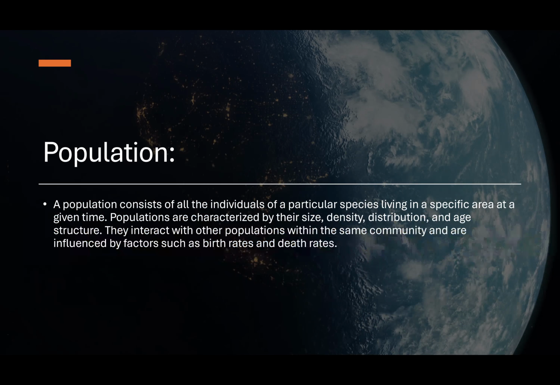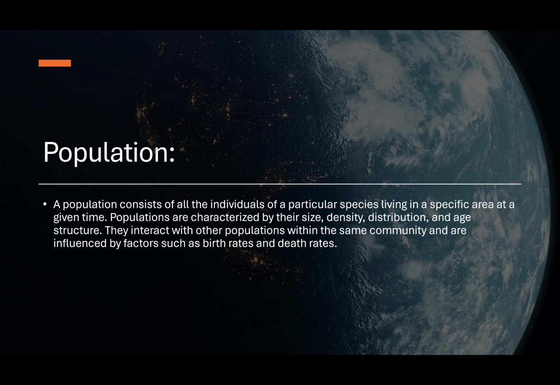All right. A population. We know that a population consists of all the individuals of a particular species living in a specific area. So if you have one tree cutter ant living on one random tree, then all the numbers of these individual ants would be called the population.